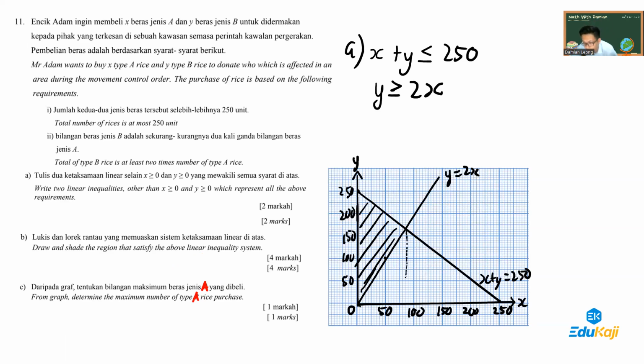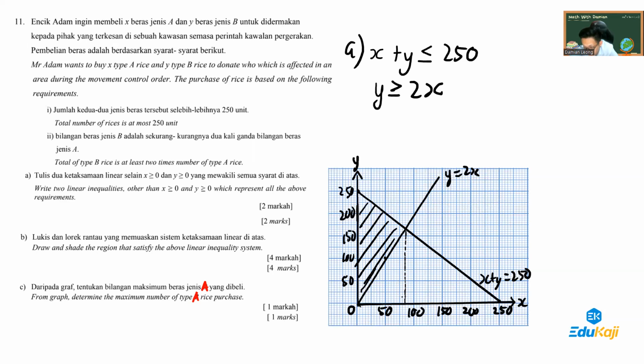Then it will be around here. Sorry, no, it's about here actually. Here is 50, here is 100. So 50 in 10 boxes means each box is 5.